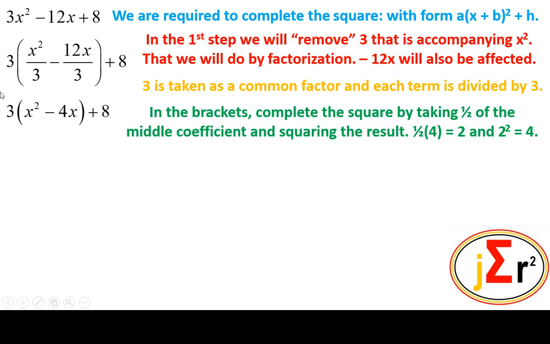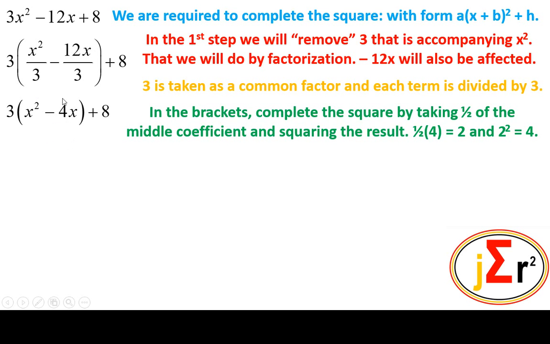For us to have that trinomial and for it to represent a perfect square, we need to take half of this middle coefficient, and we need to square it. So half of negative 4 is negative 2, which when we square, we get 4. Negative 2 squared will be 4.